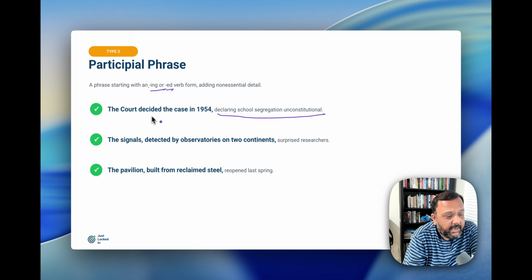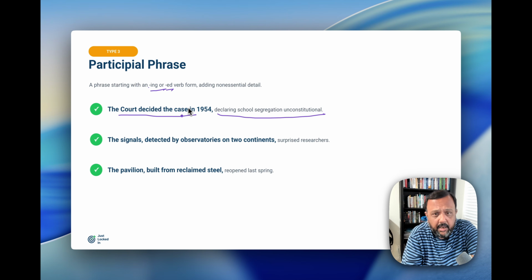The court decided the case in 1954. That's the sentence, and it conveys a complete idea: the court decided the case, and they did so in 1954. The additional, supplementary information here tells what that did, what the impact of it was: they declared school segregation unconstitutional.